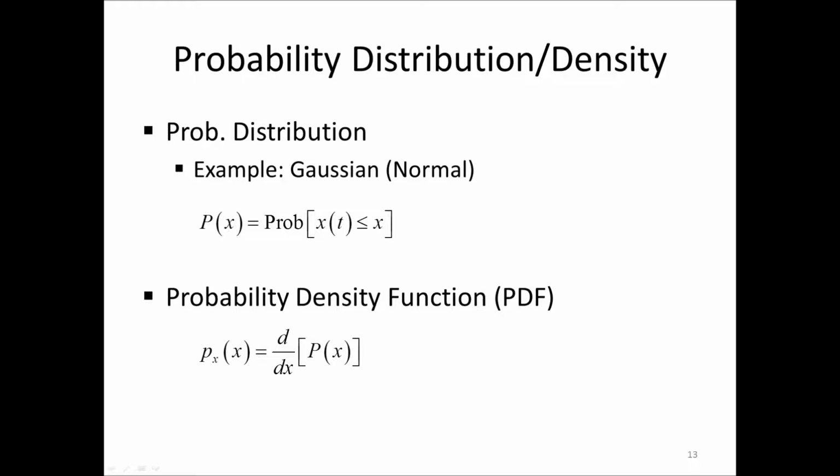It's more common to use the probability density function, or PDF in short. This is denoted lowercase p sub x and is the derivative of the distribution function. This is the bell-shaped function that you know for the normal distribution, and we will see this later in this video.